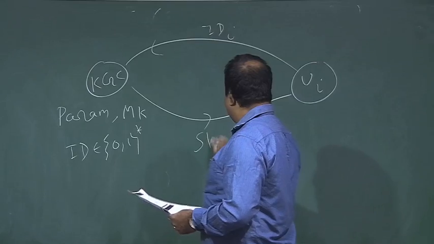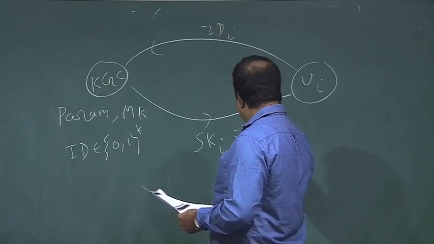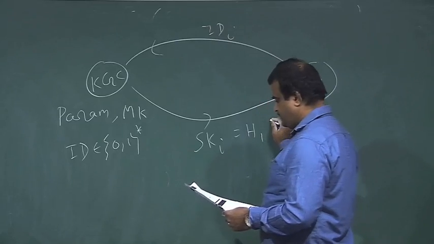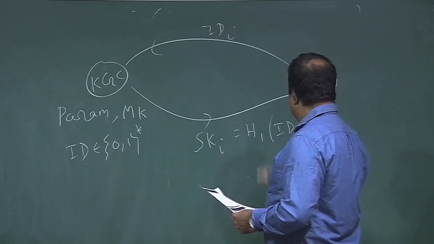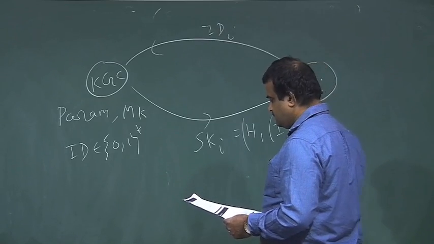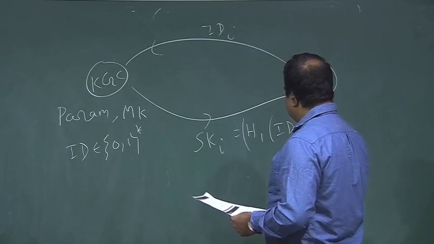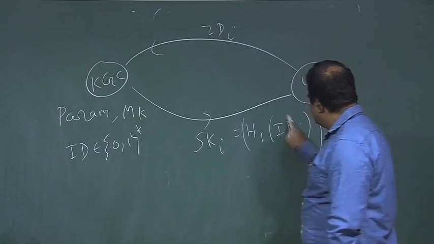Okay. Now, what will be the secret key? The secret key of this user is basically H1 of IDi to the power alpha. So, we take the ID.